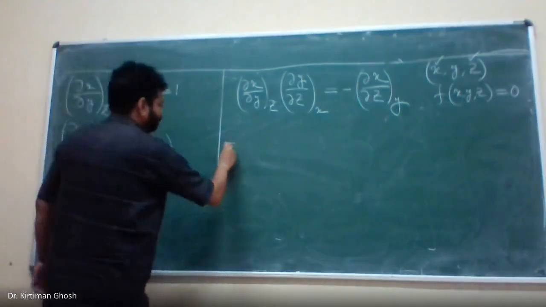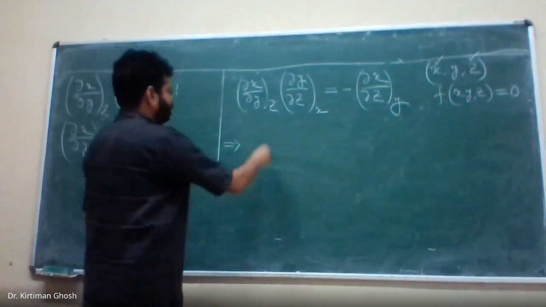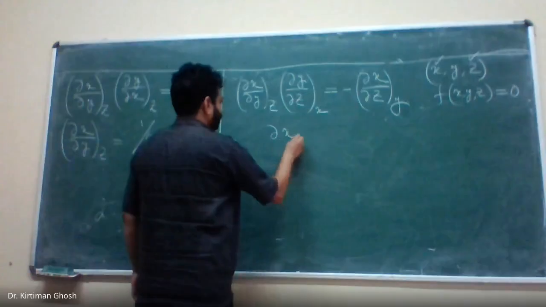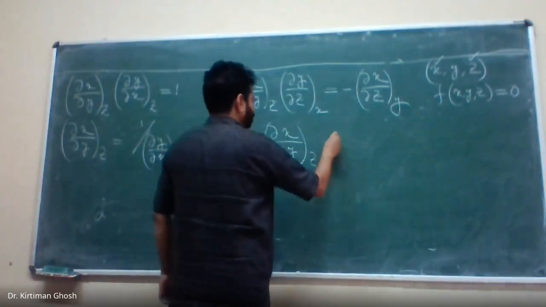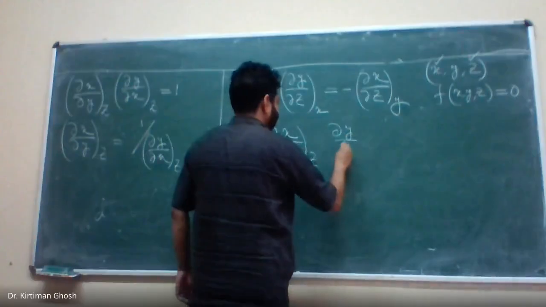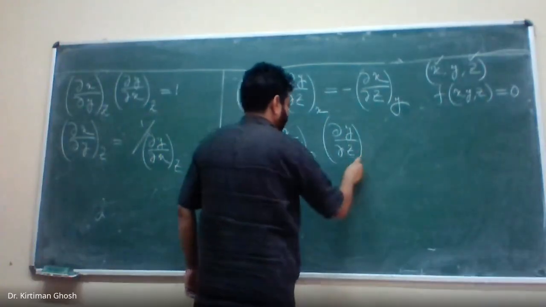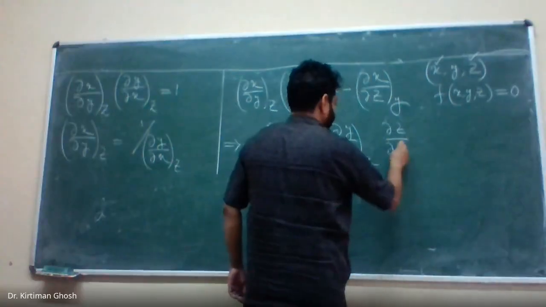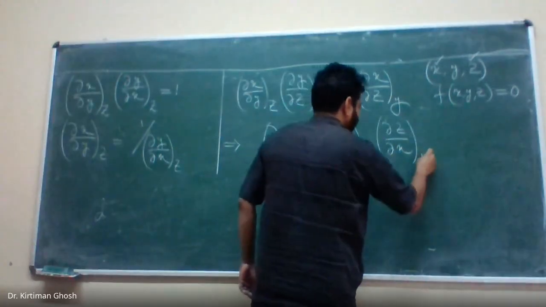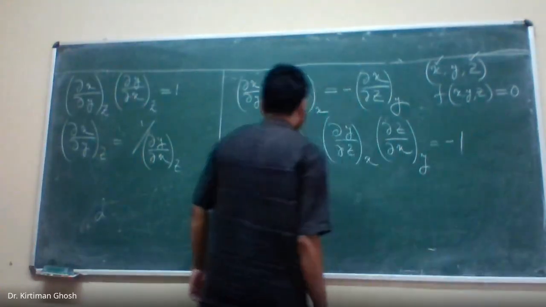So this theorem you can write as del x by del y at constant z, del y by del z at constant x, then comes del z by del x at constant y, is equal to minus 1.